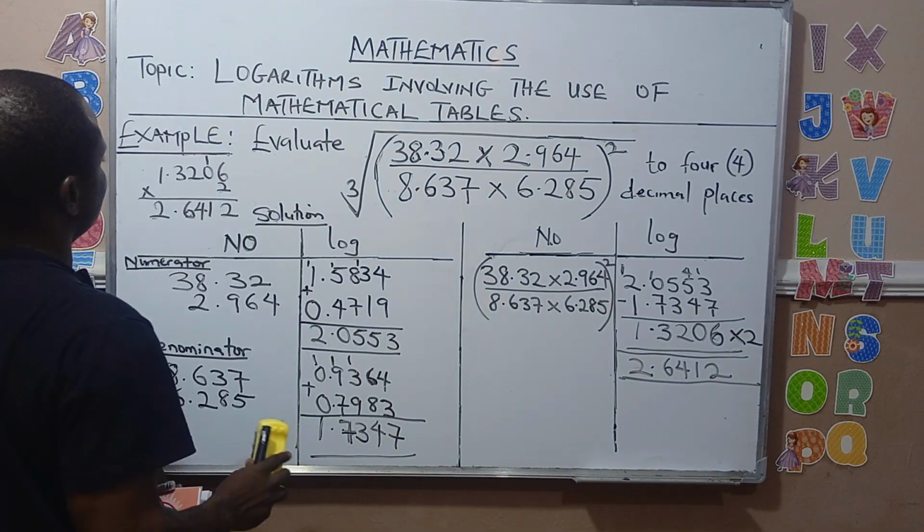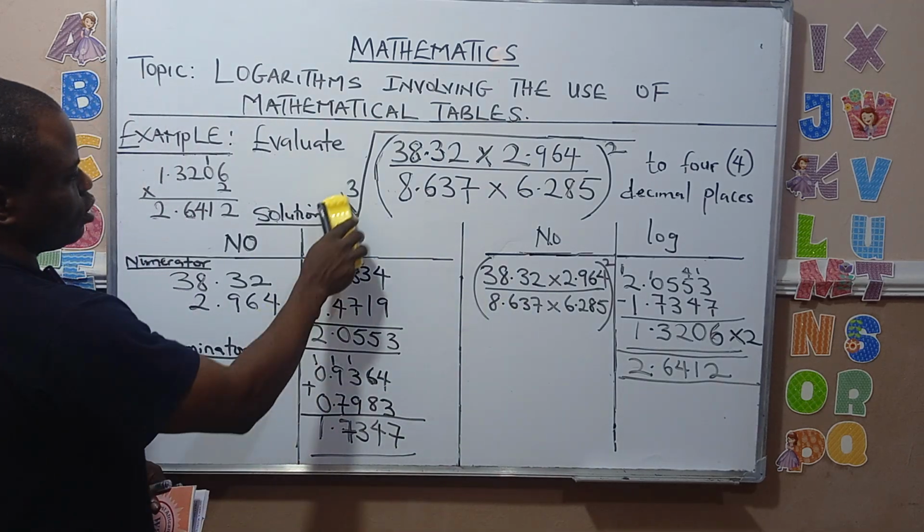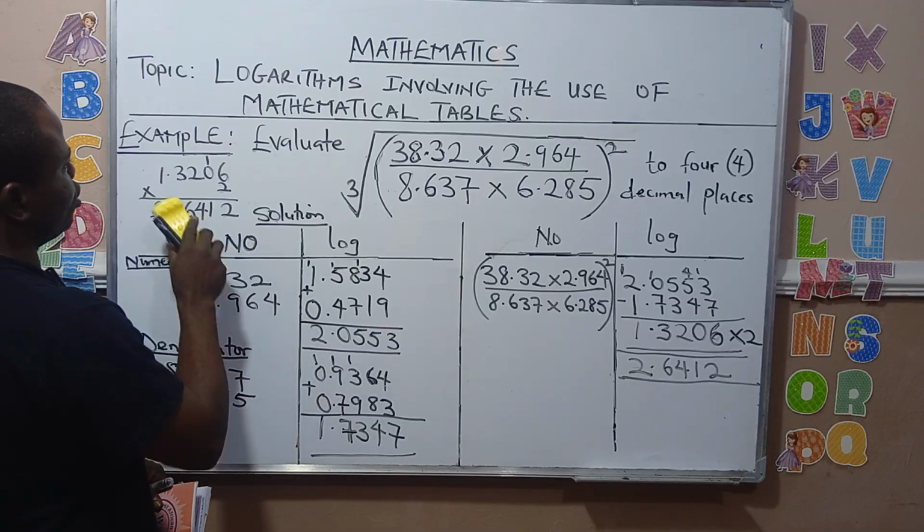Now, after that, you carry out a division by 3 because of the cube root.